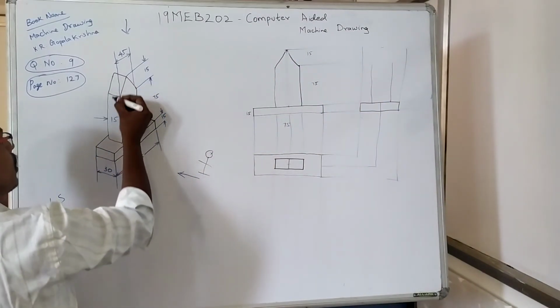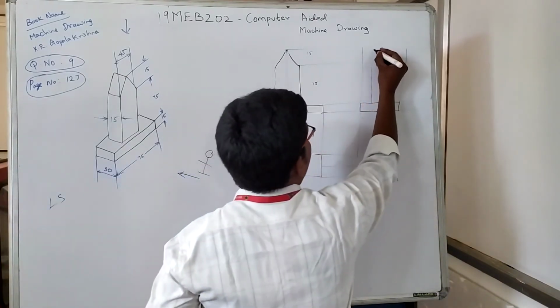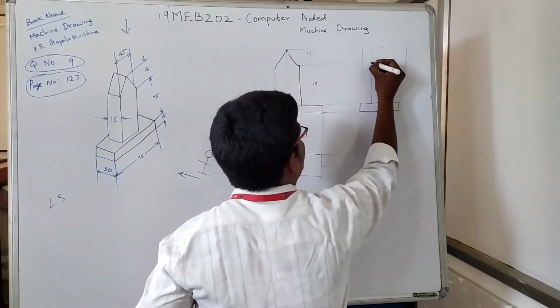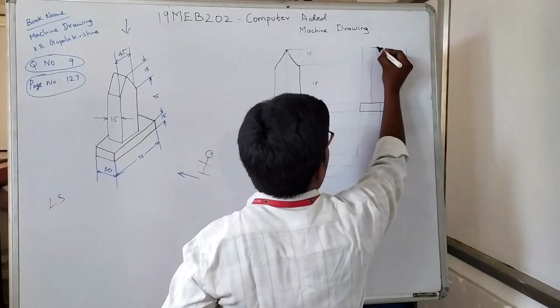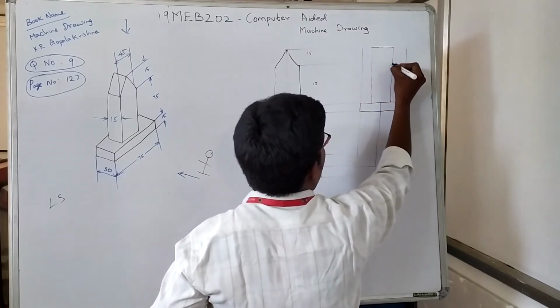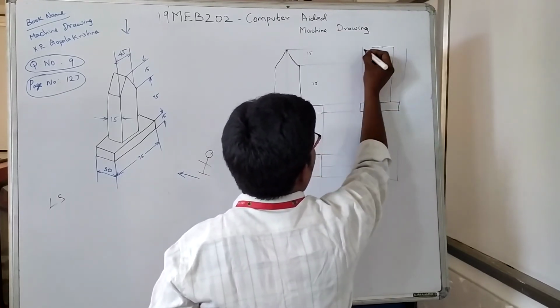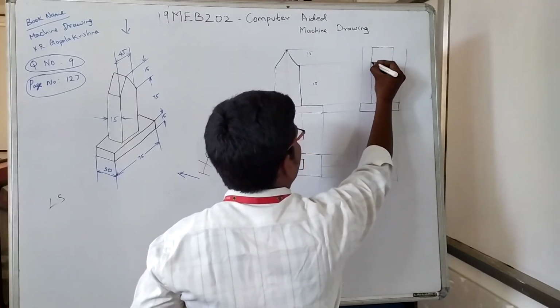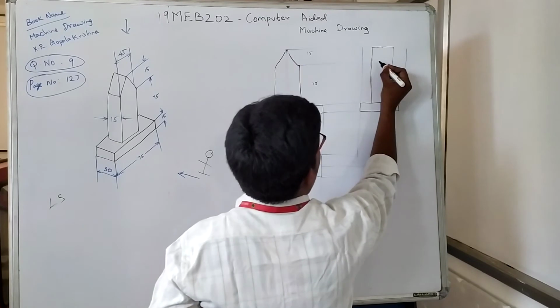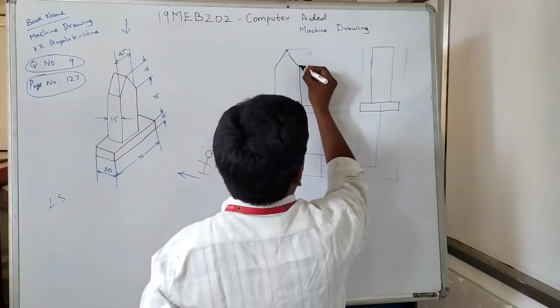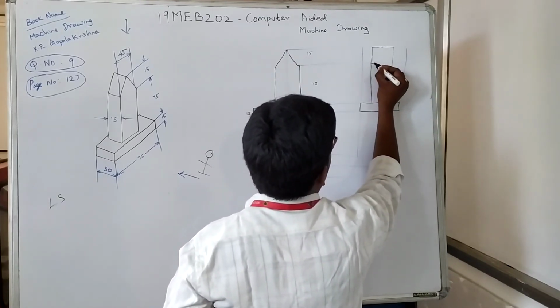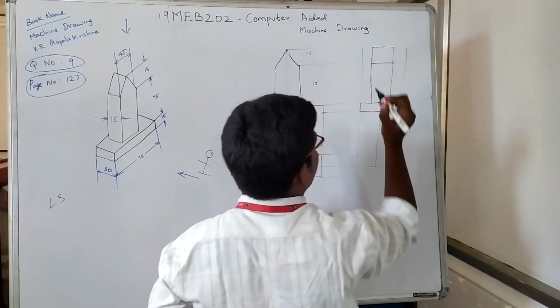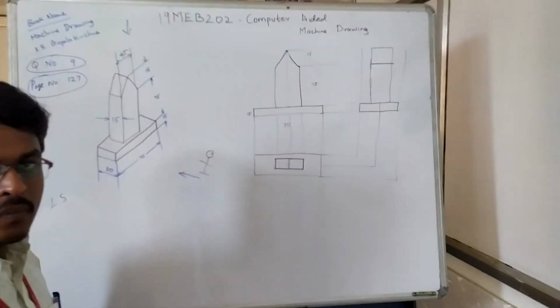The surface, everything is visible. Hence I am going for the entire height with a height of 75 plus 50. I am sorry, entire height. This edge is visible from the side view, hence I am drawing this as a darker one.